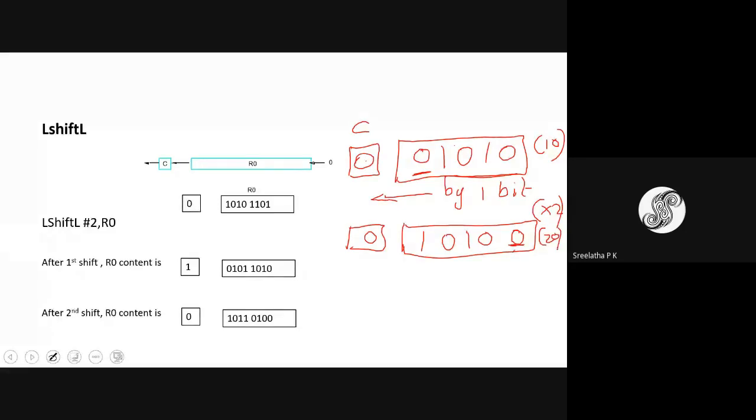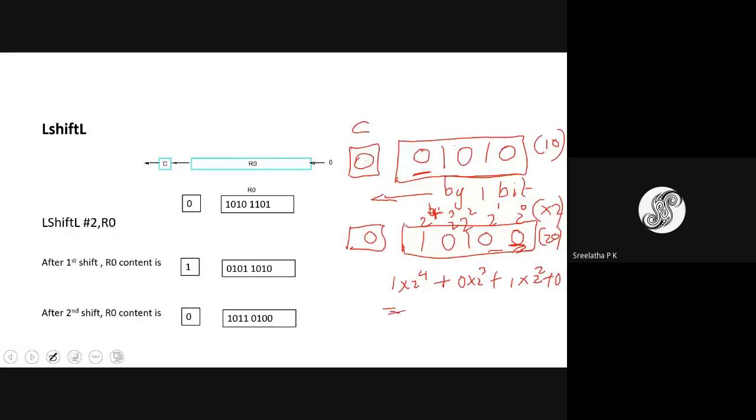This bit position is 2 power 0, this is 2 power 1, this is 2 power 2, 2 power 3, and 2 power 4, the place values in binary. Now find the value. This is 1 into 2 power 4 plus 0 into 2 power 3 plus 1 into 2 power 2 plus 0, and both of these are zeros.